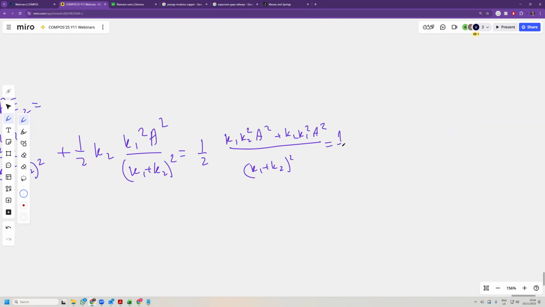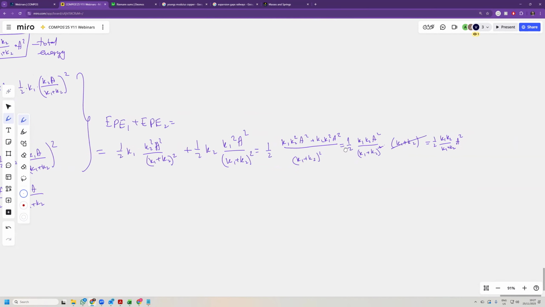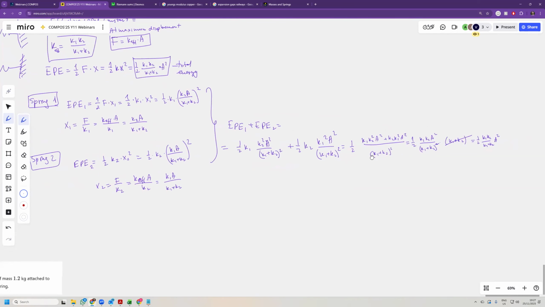Okay, so that's 1/2 K1 K2 A divided by K1 plus K2, squared, multiplied by K1 plus K2. This cancels, and we're left with 1/2 K1 K2 over K1 plus K2 times A squared. Yes, I think we got it. Got the same expression.